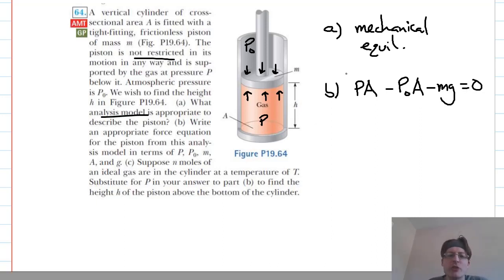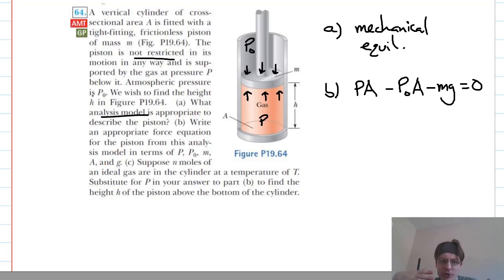Note that this equation determines how big the gas pressure must be. With a frictionless, freely moving piston, the gas doesn't have any choice of what pressure it has. The piston will drop down until the gas pressure matches the downward forces.